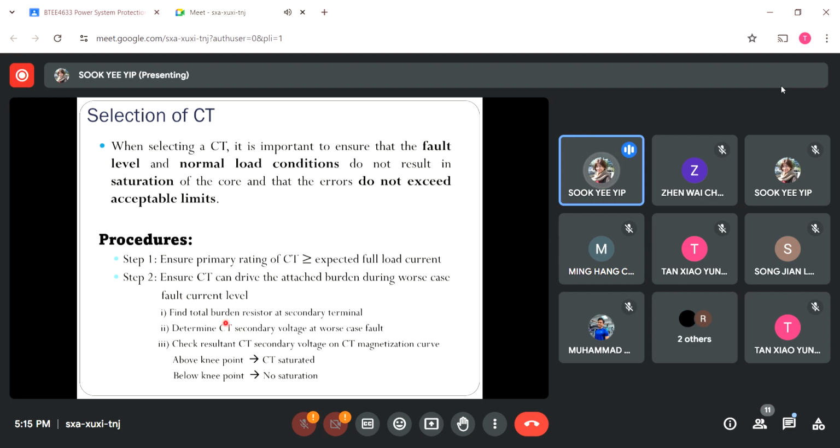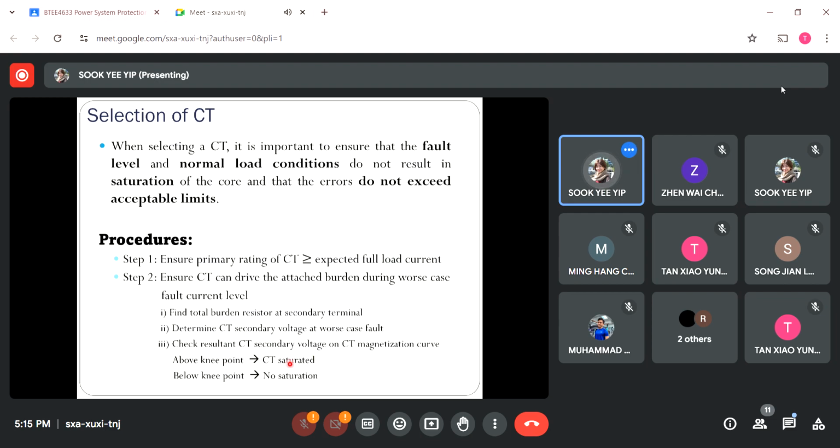So now how can we do this? Of course, you need to find the total burden value at the secondary side. With this burden value, we try to find the secondary voltage generated whenever we have fault situations. With this voltage determined, you have to cross-check with the knee point voltage value, which you can extract from the magnetization curve again. If in this worst case situation with fault conditions, the voltage induced at the secondary side is higher than the knee point voltage, then sorry, this selected current transformer is not suitable.